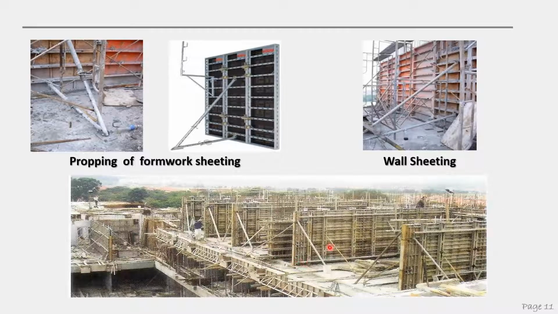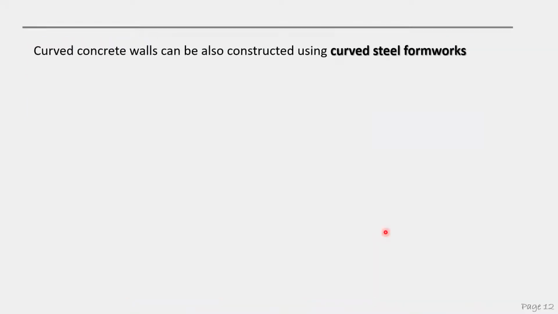All right, this is how the traditional one looks. It looks most like a traditional one, but for the steel, you can use it so many times, which reduces the cost of using timber.